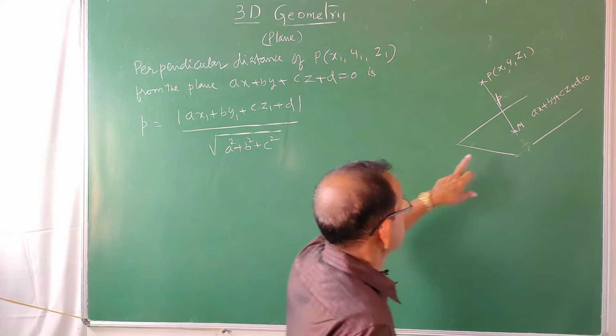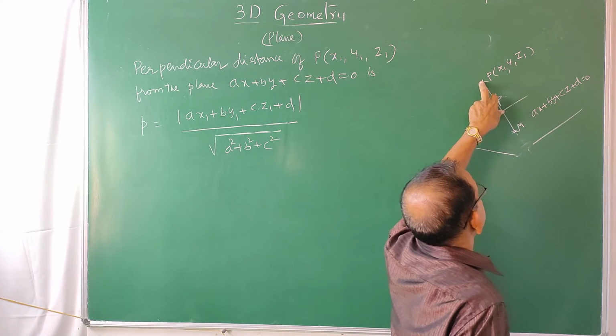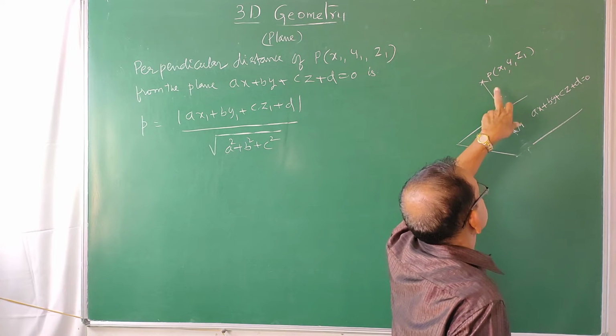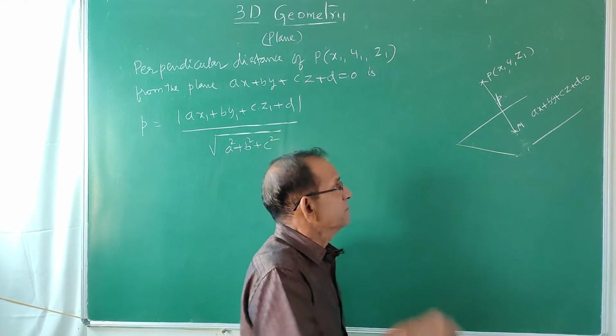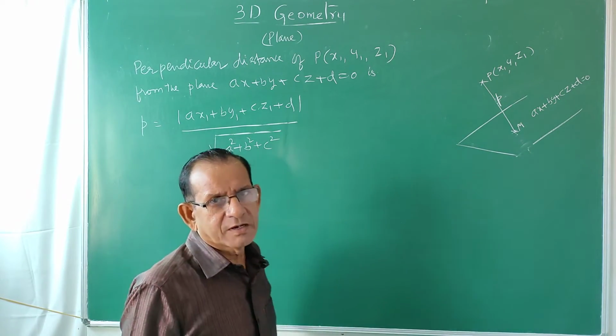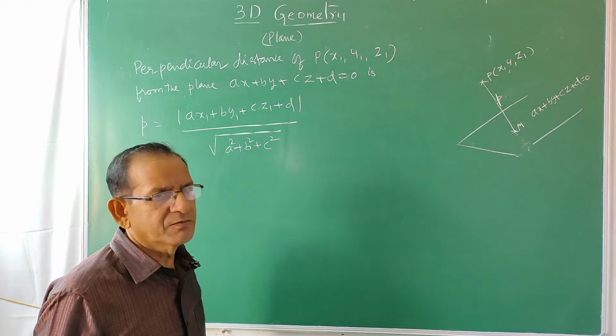Now, for this plane ax plus by plus cz plus d is equal to 0, if you draw a perpendicular from P(x1, y1, z1) to this plane, and if it meets the plane at M, then PM is called the perpendicular distance from P to the plane. Let us take its length as small p. What is that small p?